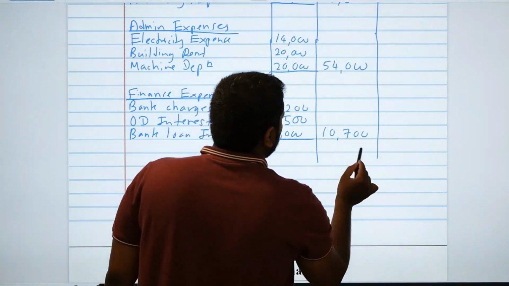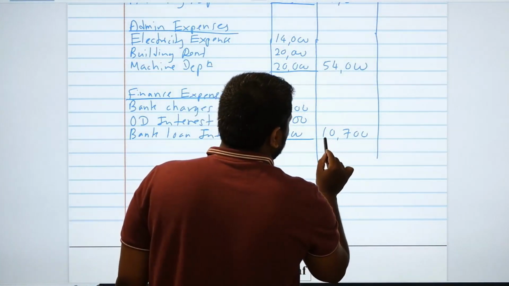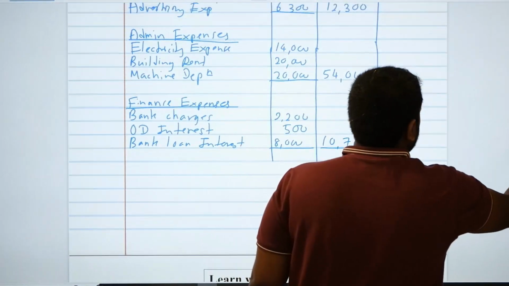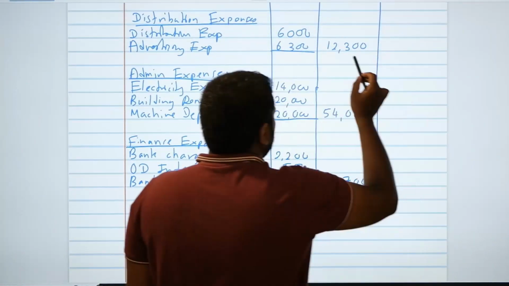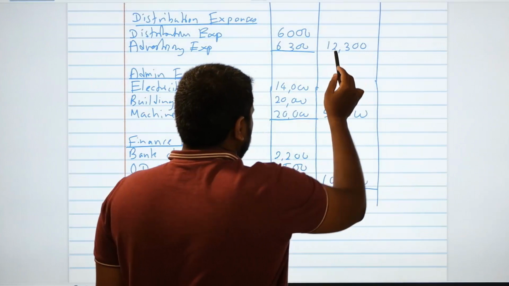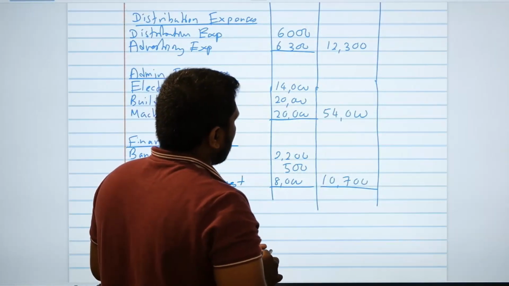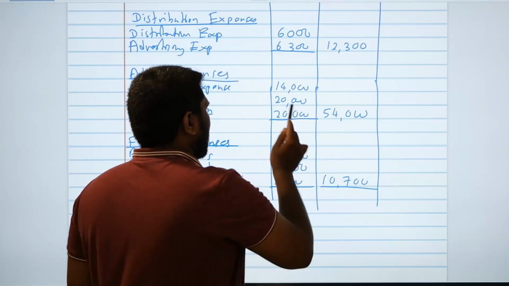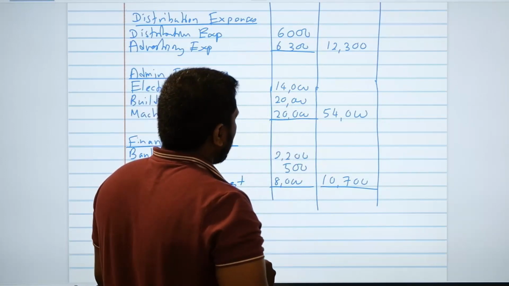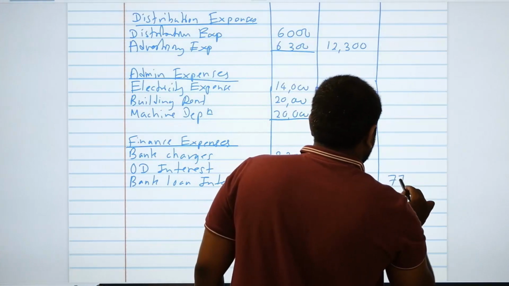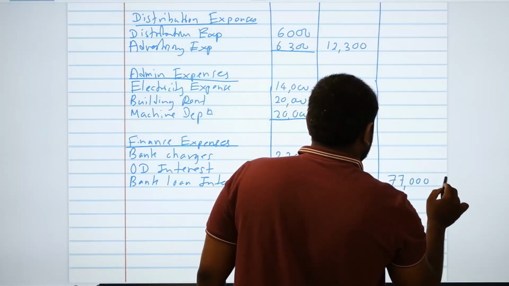Then what is the total expenses that we are getting? Total expenses 12,300, 10,700, 13,000, 23,000, 23,000 plus 54,000 is 77,000. Total expenses 77,000.